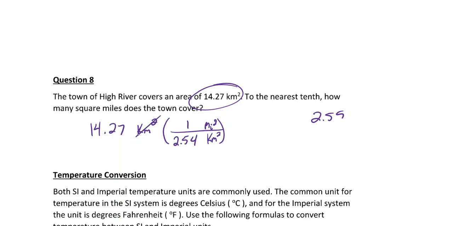So good, kilometers squared cancel. And we end up with 14.27 divided by 2.54. So we get 5.6 miles squared.